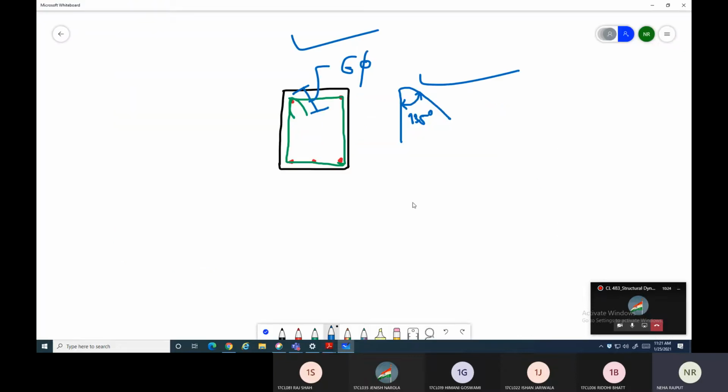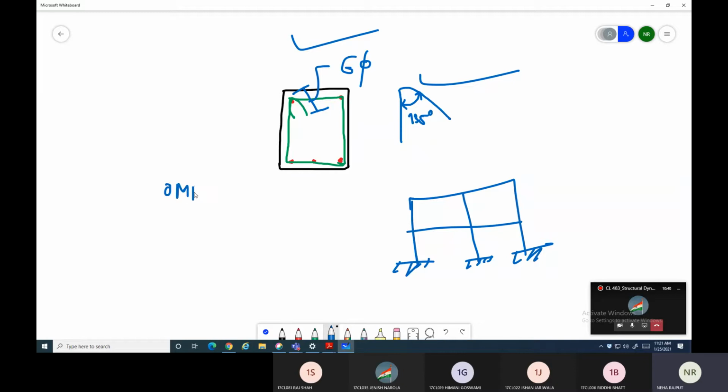So simple, if this is the moment resisting frame, I mean frame of a building, three-dimensional, here it is shown in two dimensions, and this is called the moment resisting frame. Now there are two terms, ordinary moment resisting frame and special moment resisting frame.